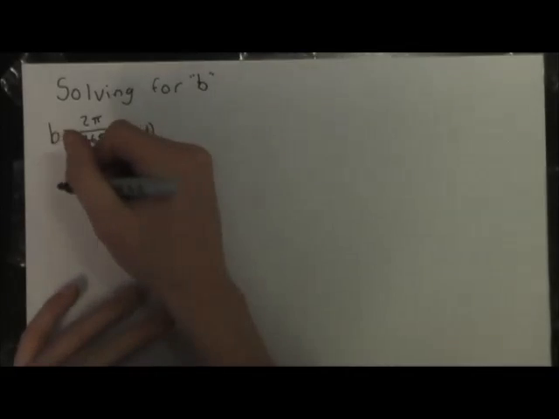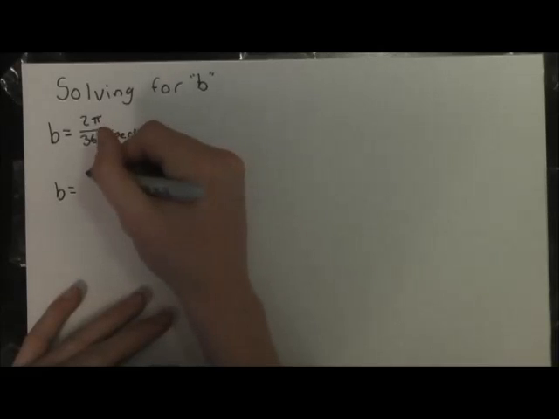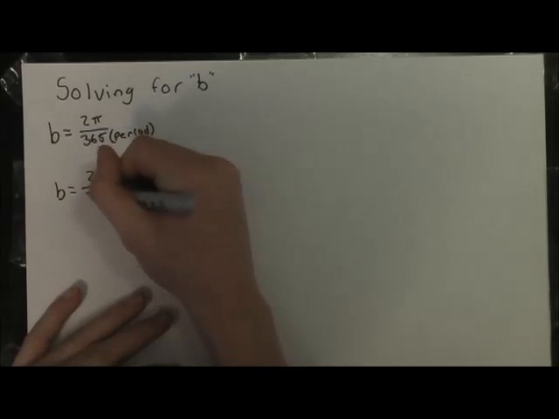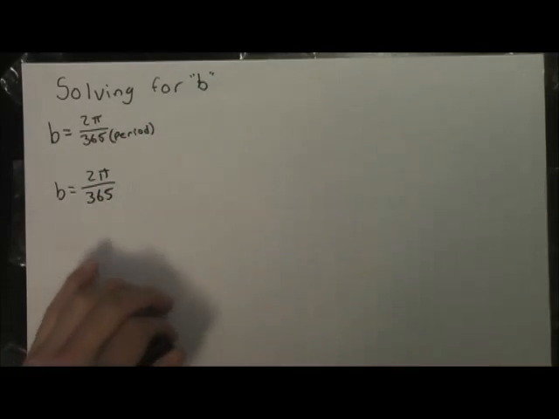We know after learning in class that b is equal to 2 pi divided by the period. Since we are dealing with days of the year, the period for this problem will be the amount of days that are in a year. This I know is 365 days. Now we can solve for b, and b is simply 2 pi over 365.